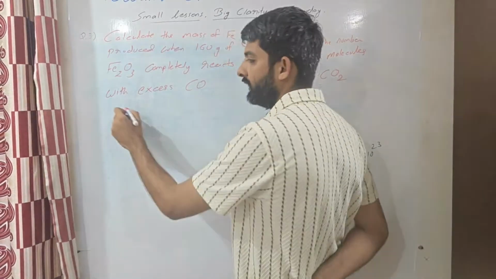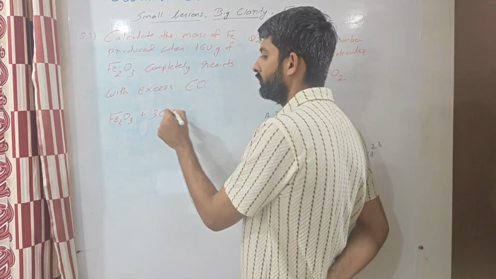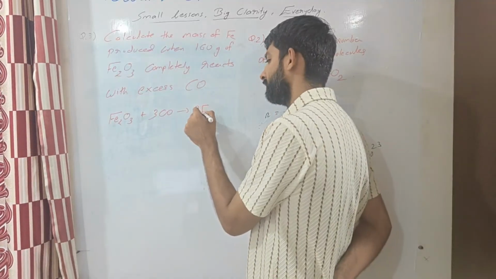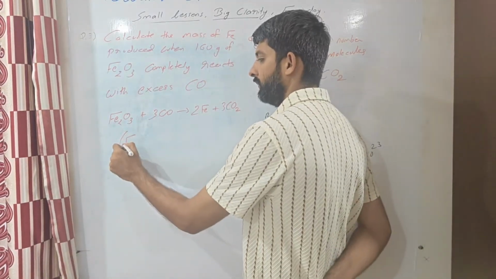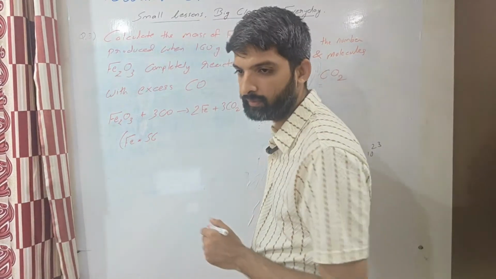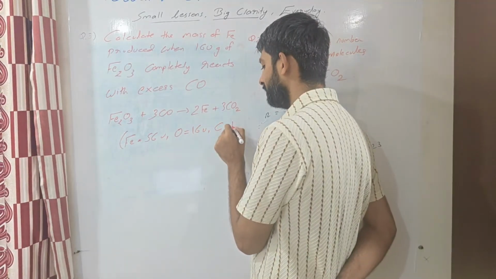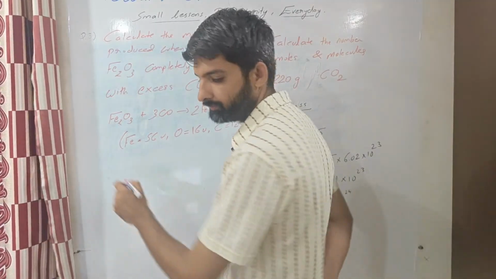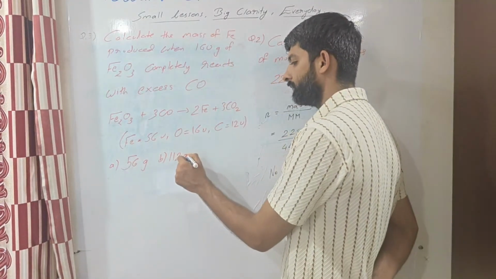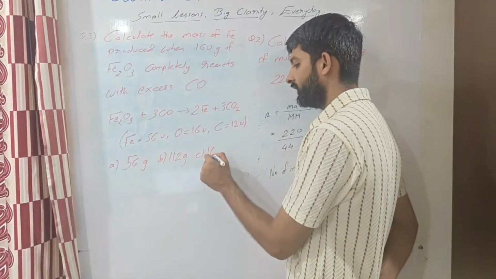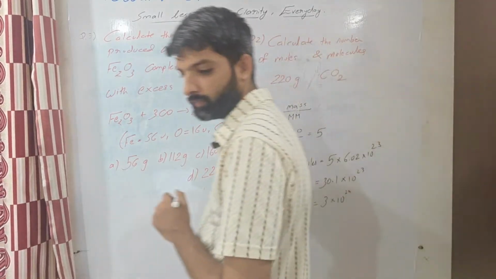As per the reaction given, Fe2O3 plus 3CO gives 2Fe plus 3CO2. Atomic masses are given: Fe is 56 u, oxygen is 16 u, carbon is 12 u. Options are: A 56 gram, B 112 gram, C 160 gram, and D 224 gram. Try to solve this.